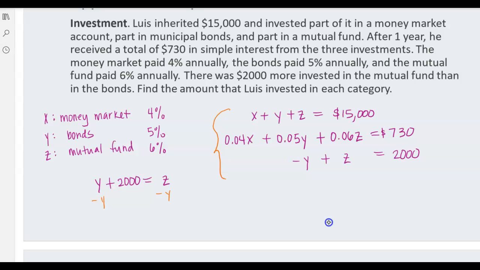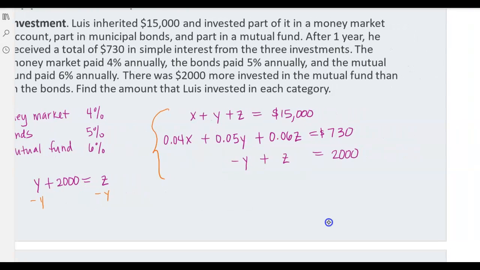The nice thing is that the third equation, let's call these equations 1, 2, and 3, already has only 2 variables. So we want to take equations 1 and 2 and combine them together so that we can get rid of, in this case, X. Because if we get rid of X, then we can combine it with that third equation.